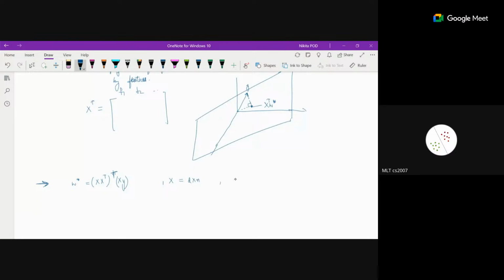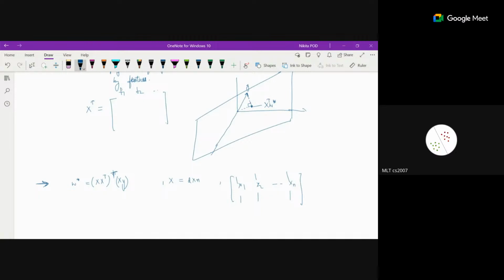How does this look like? X1, X2, so on till Xn. So you have a D cross N matrix and X transpose is N cross D. When you find this optimal W, sometimes computing it might be very expensive. In case your D is very large, computing this inverse is going to be very expensive, because you have to do the inverse and then product everything.